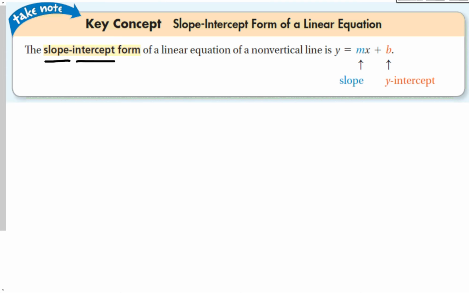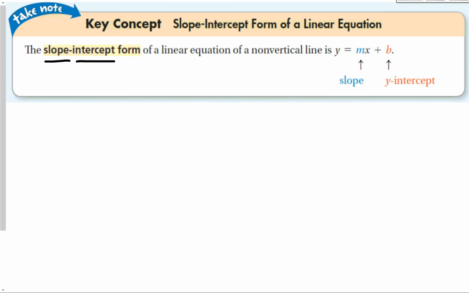It kind of seems like m is a weird letter for slope. But if you think about it, there is a reason why. Most of our geometry that we graph is in a Cartesian plane named after Rene Descartes.